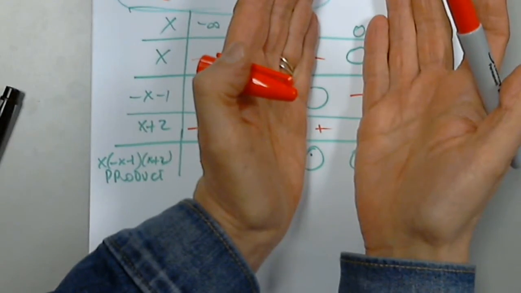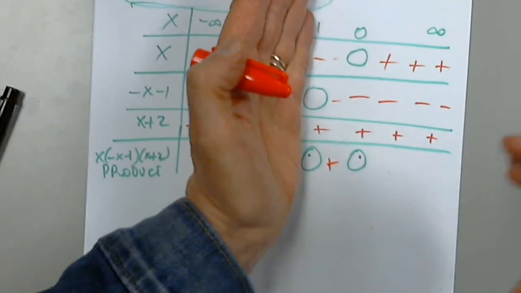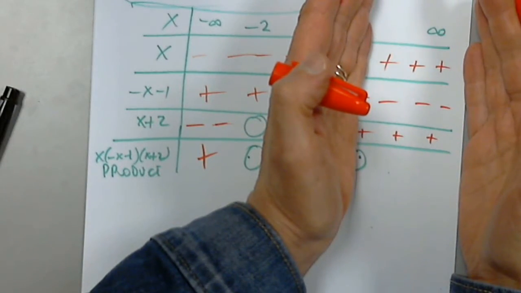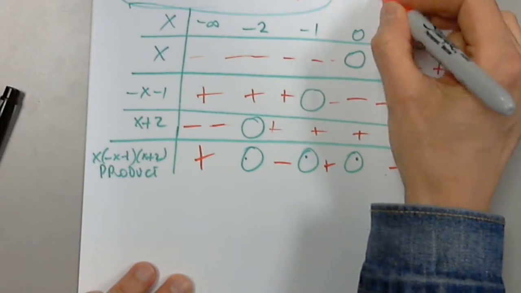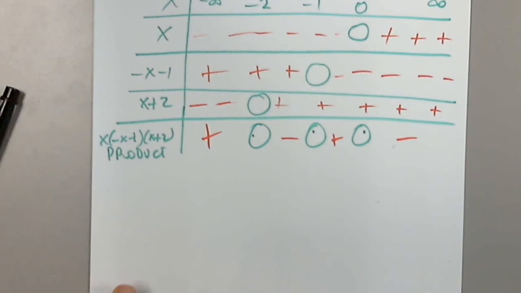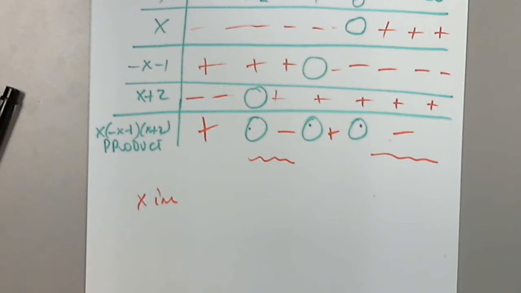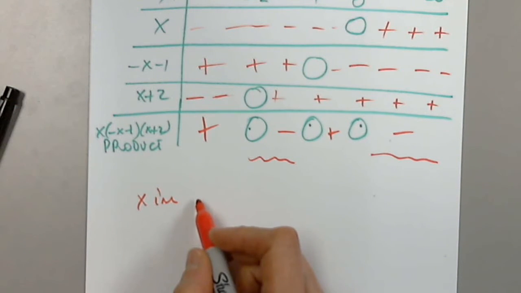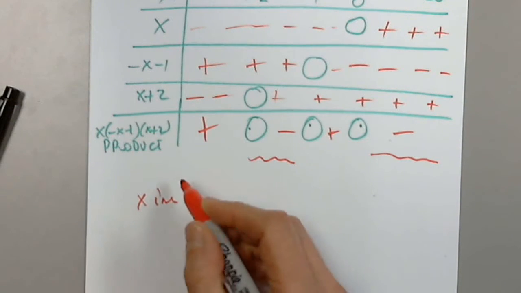Third subinterval. Last subinterval. What do I want? Which sign will I pick for this to happen? Negative. Yes, I have to pick negative. So then x in the interval, negative 2.